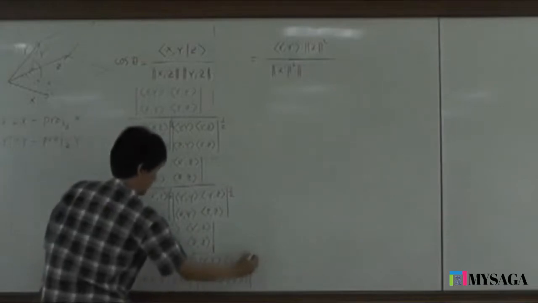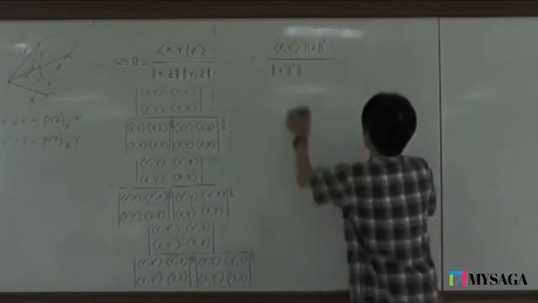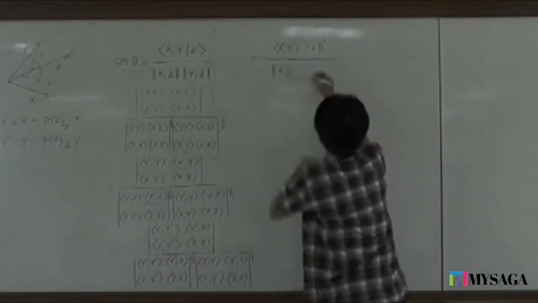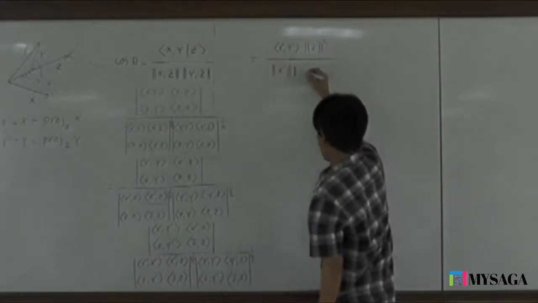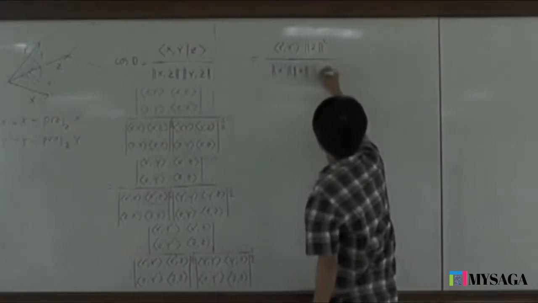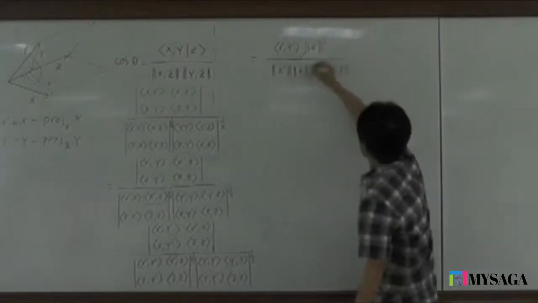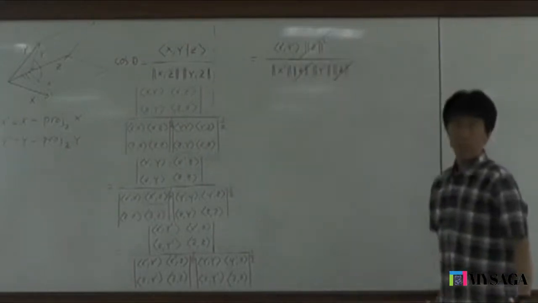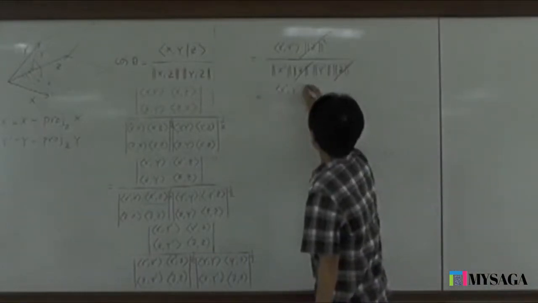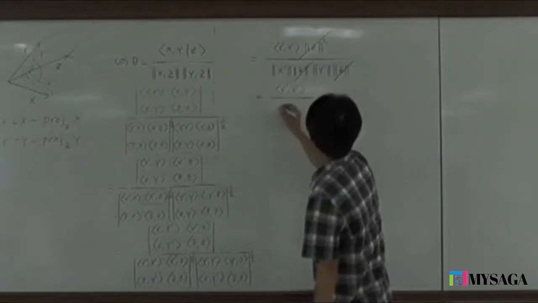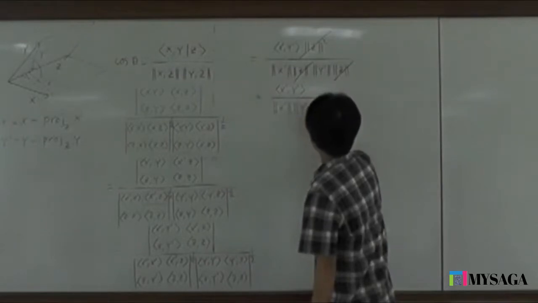But okay, so taking the square root, I only have norm of x prime times norm of z, and here norm of y prime times norm of z. So the norm of z squared cancels. So that this is really the cosine of the angle between x prime and y prime.